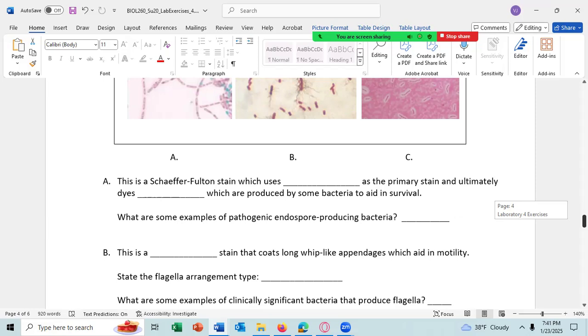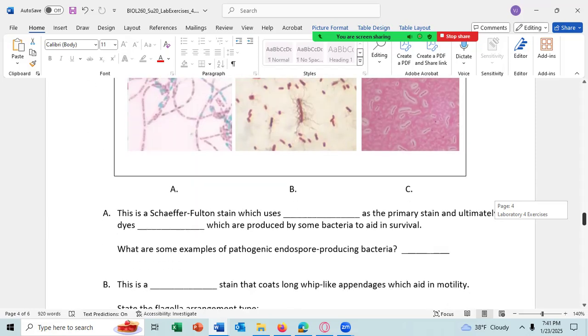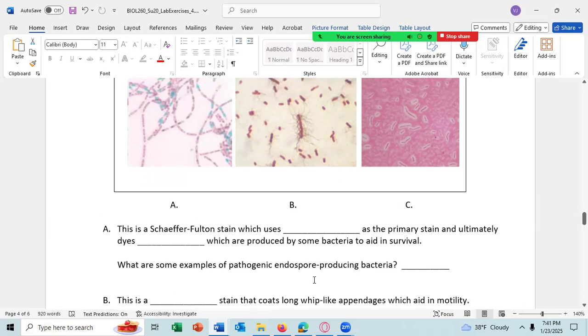So the first question in procedure 5A, so A1, is this is the Schaeffer-Fulton stain, which uses what as the primary stain? So name the stain here. And ultimately, that stain dyes which structure of the cell?